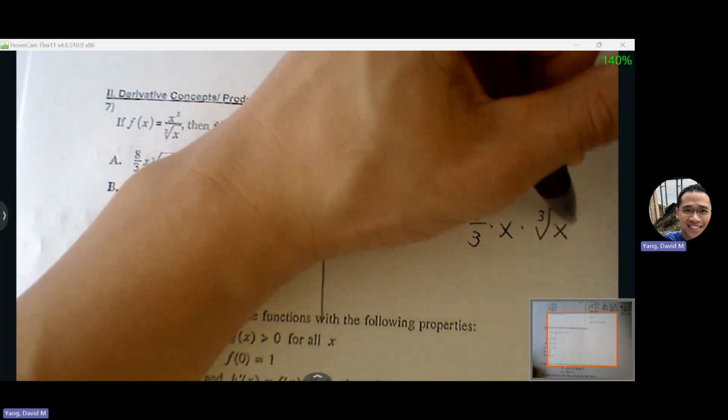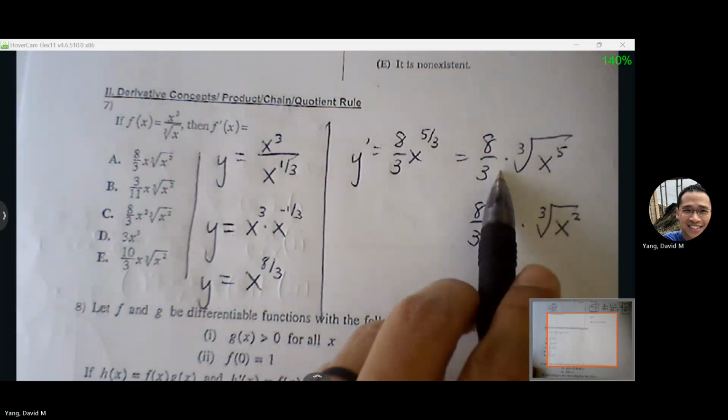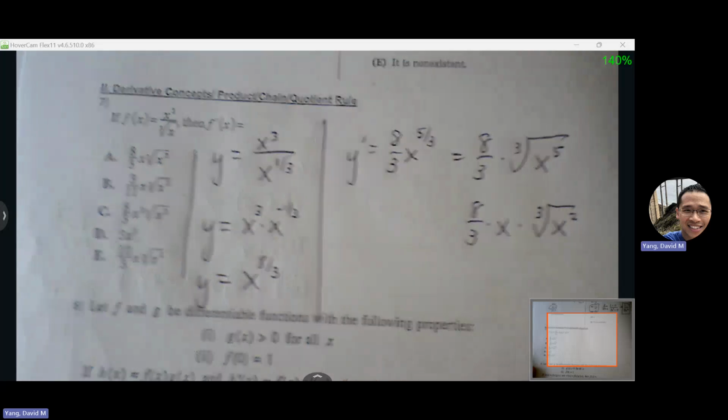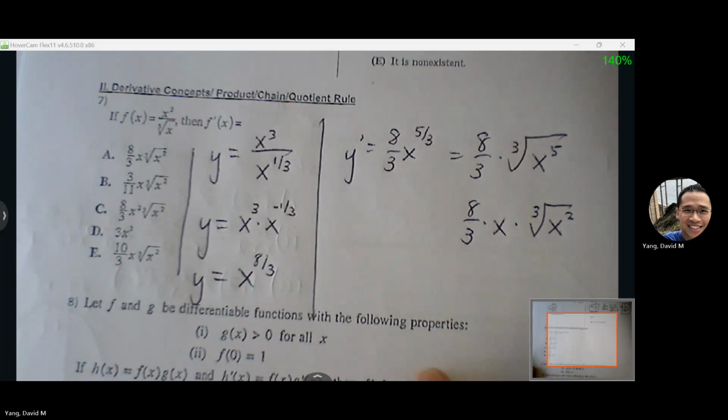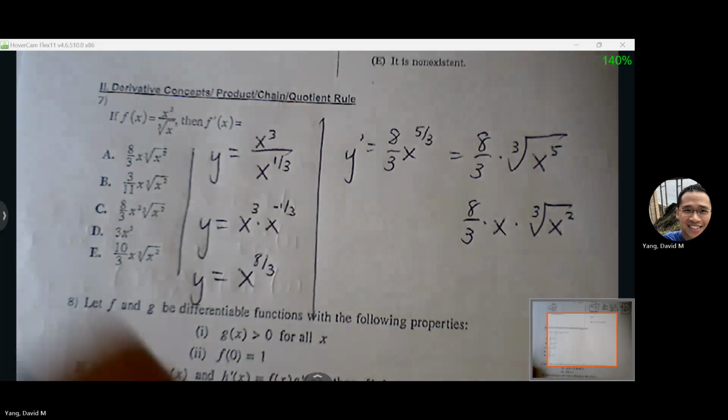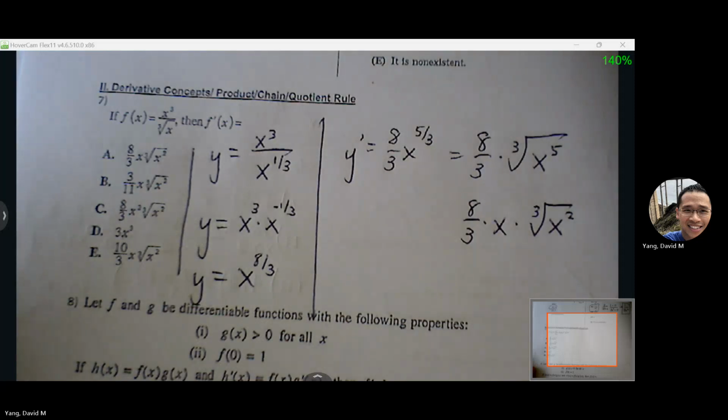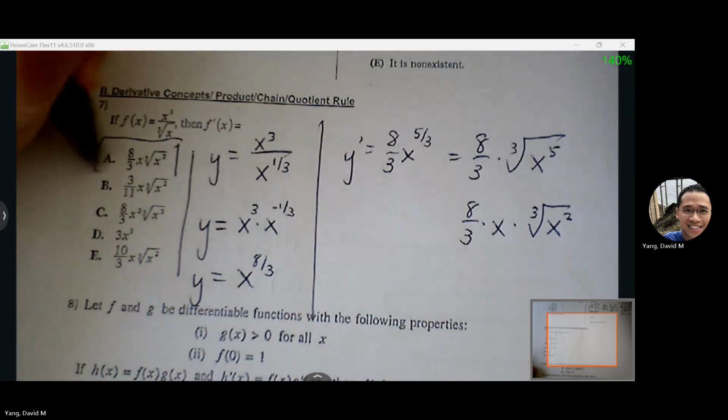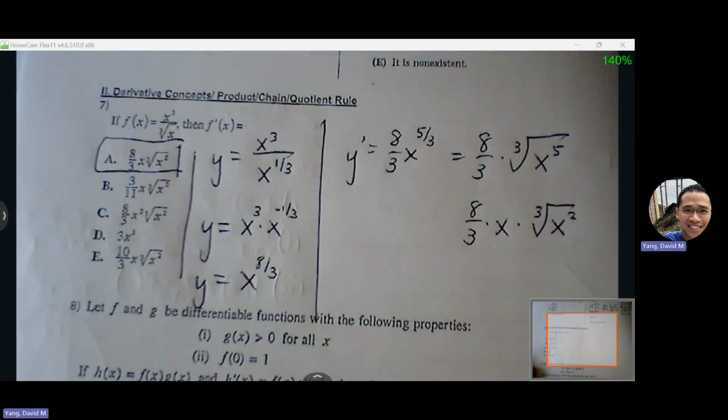So if we pull 3 out, there's still 2 left over inside. So 8/3 x times the cube root of x squared.